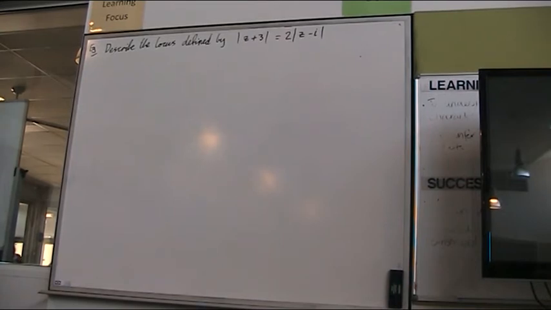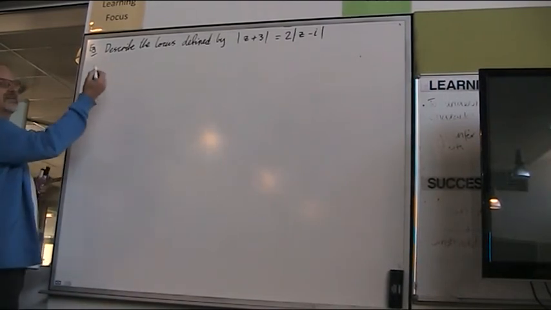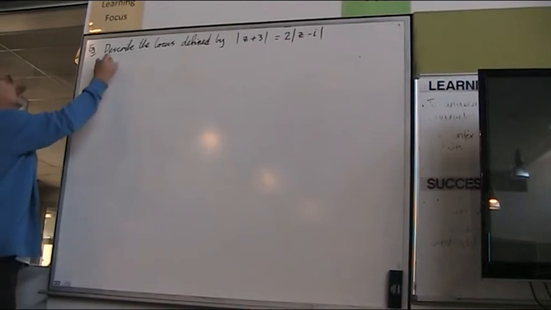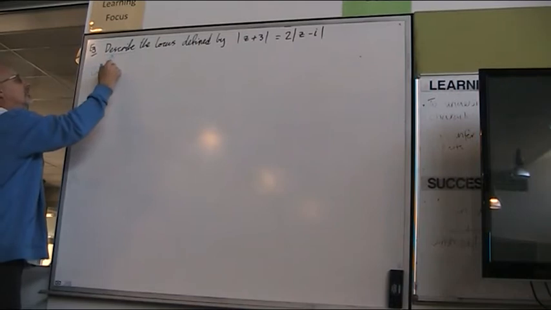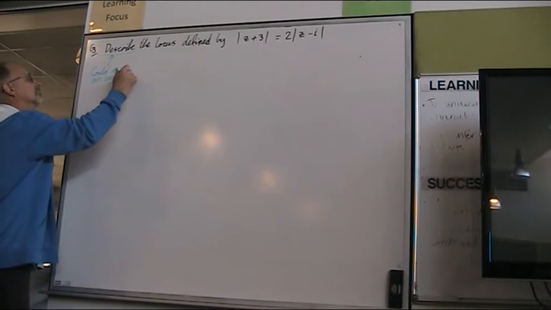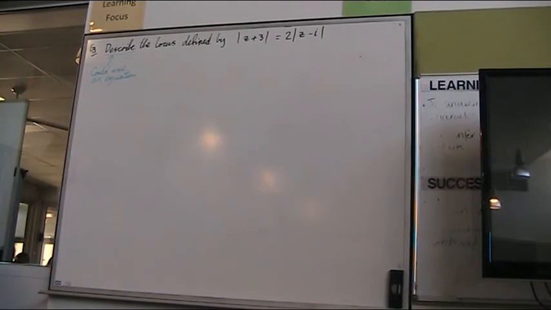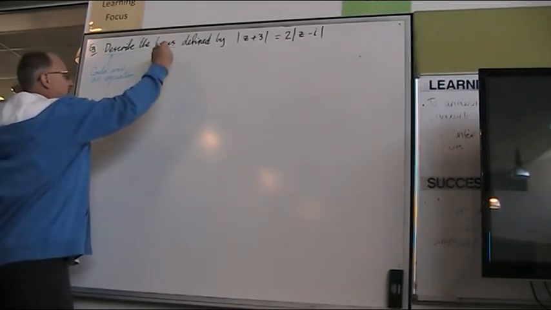It says, describe the locus defined by. Now, the word describe in English means use some words. In maths, we could use an equation to describe. So y equals 2x describes a set of points and the relationship between them. Locus, what's locus? Locus is just a set of points.